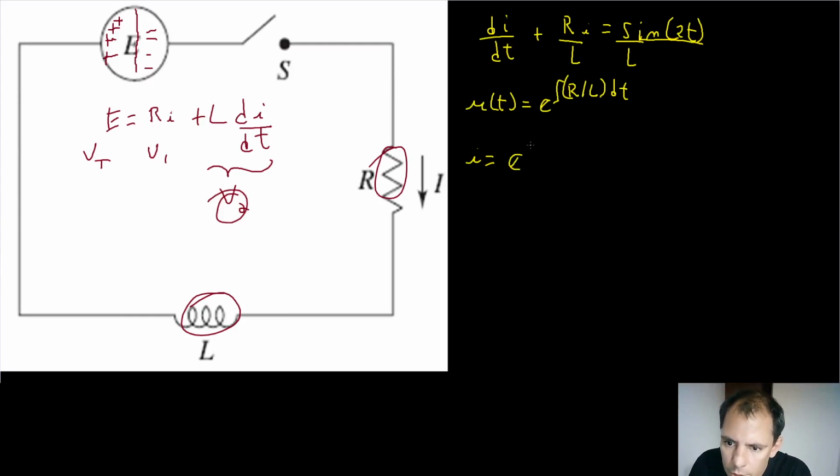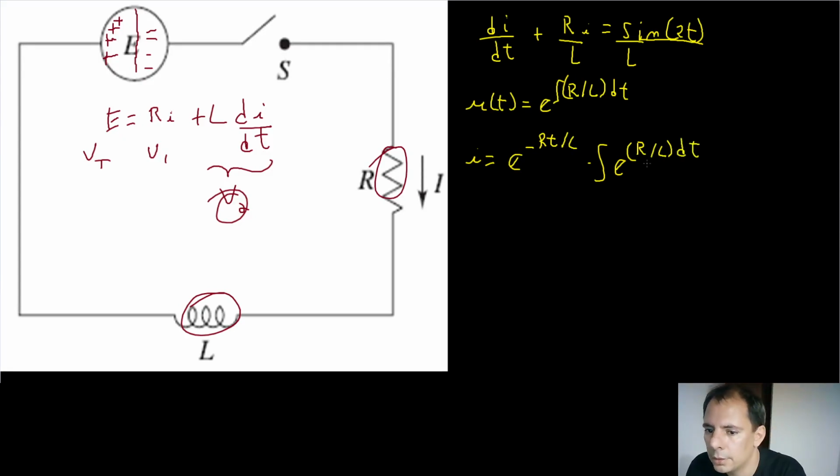I is going to be equal to E to the minus RT divided by L times the integral of E. Now this is going to be the interesting part. R over L dt. Okay, E to the R divided by L dt. Or actually, I've already done that. I've already taken care of this.